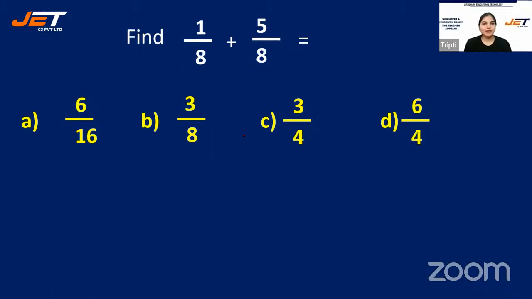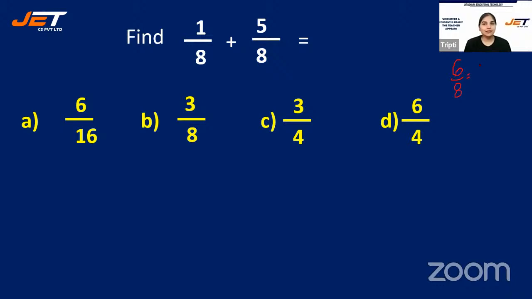1 by 8 plus 5 by 8. 1 plus 5 is 6. Now we have got 6 by 8. I can't see 6 by 8 over here. That means it has been reduced. So what will be the answer if you reduce it or simplify it?